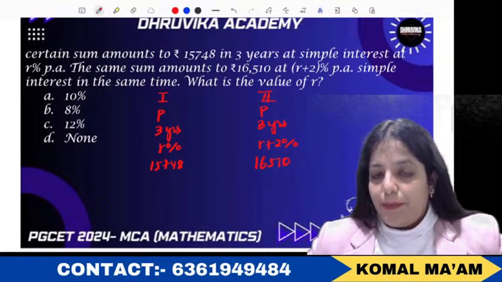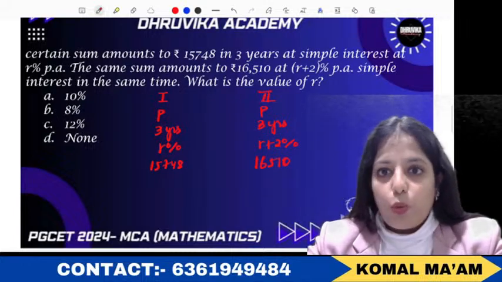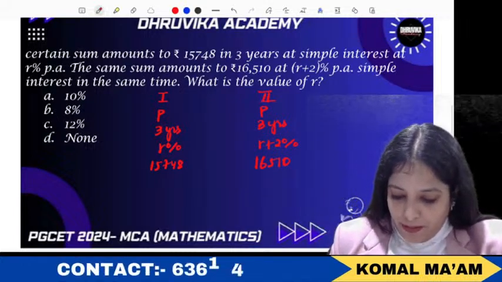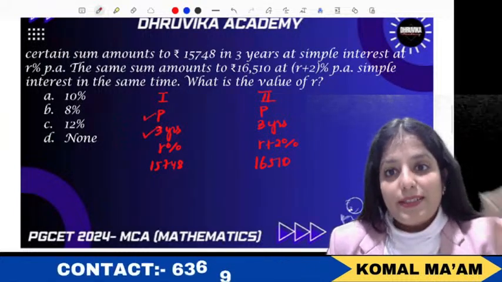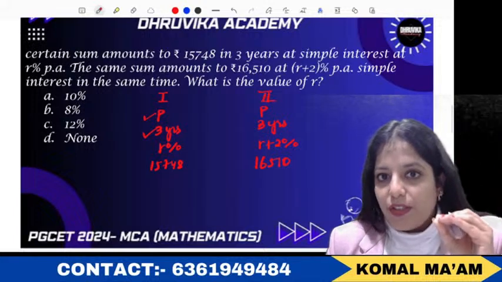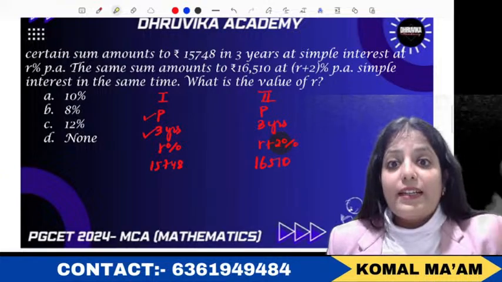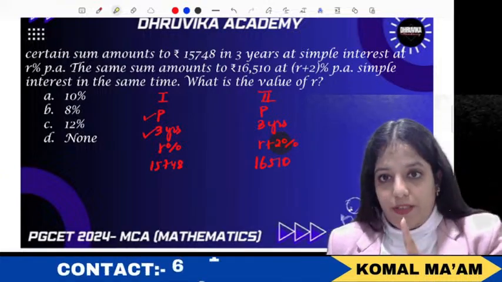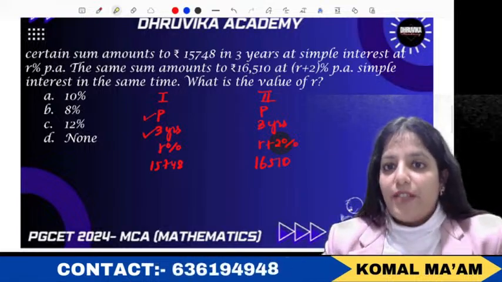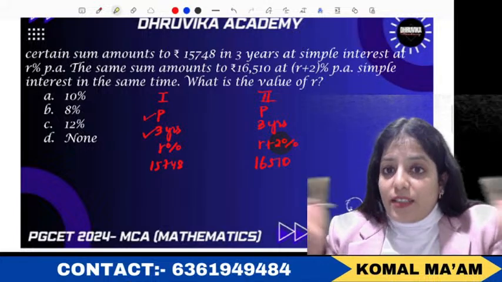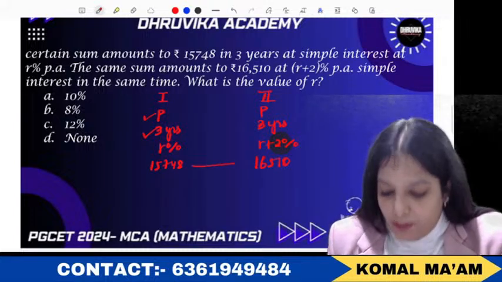See, as we said, principal is going to remain the same in case of simple interest. Okay, so what is happening? Principal here is the same. Okay, time is the same, only the difference is in the rate. The rate is varying by 2%. We do not know the actual rate, we just know that the rate is varying by 2%, and as a result of this variation the amount got increased by some amount.